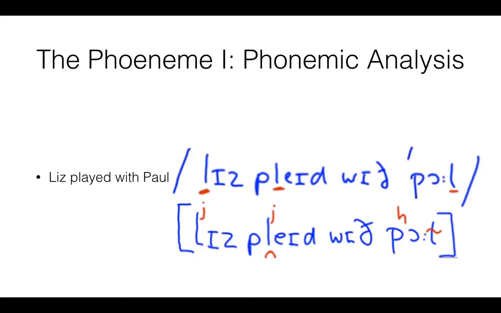One sound doesn't occur in the environment of the other. So that's it here, okay? Before a vowel, after p, and then this one here, it is after a vowel, okay? But for the other sounds, like z over there, these are phonemes, different phonemes.